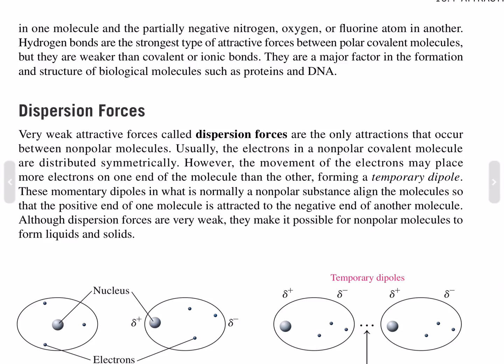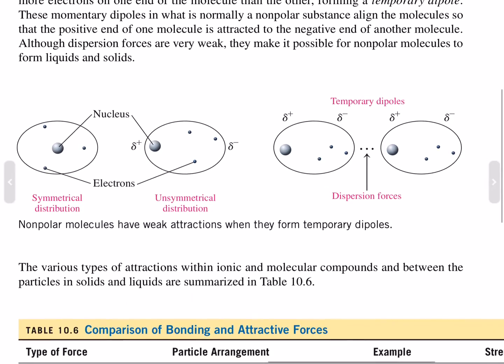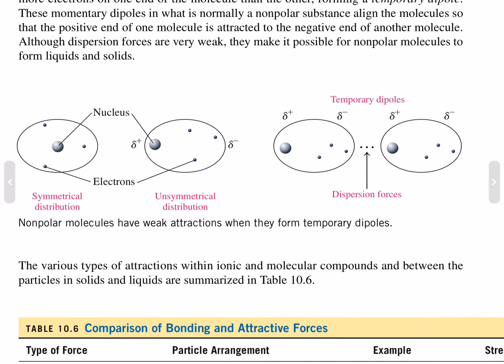These momentary dipoles in what is normally a nonpolar substance align the molecules so that the positive end of one molecule is attracted to the negative end of the other molecule. Although dispersion forces are very weak, they make it possible for nonpolar molecules to form liquids and solids. Nonpolar molecules have weak attractions when they form temporary dipoles.